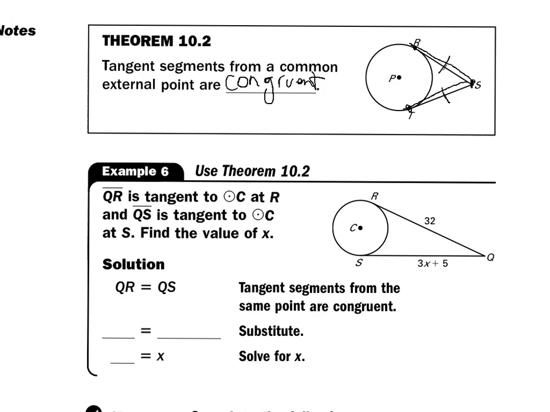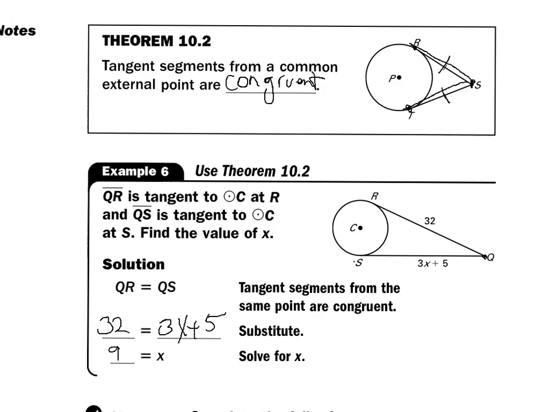So this makes for easy math because, look here, example 6, we've got Q, this side 32, so what's that side? That side is also 32. That means that 32 must equal 3x plus 5. I can solve for x by subtracting 5 and then dividing by 3 to get us 9.